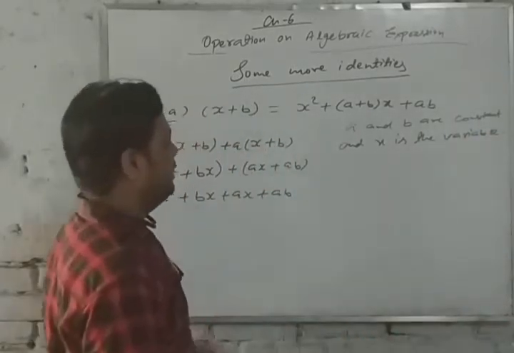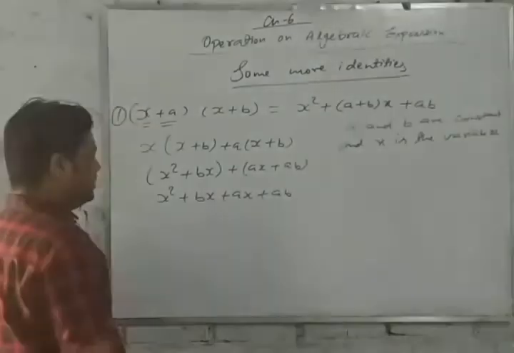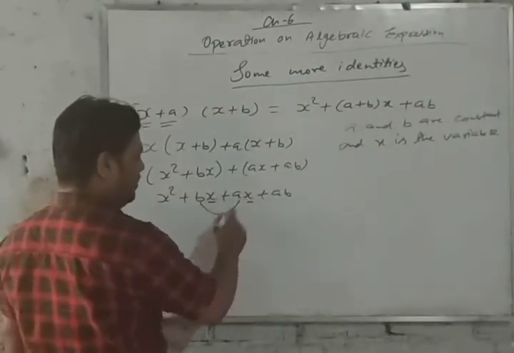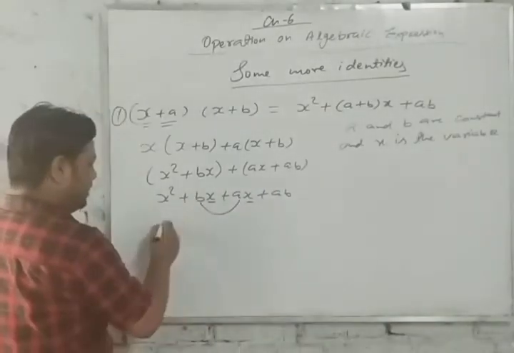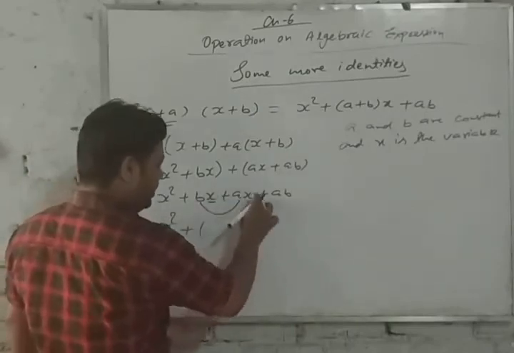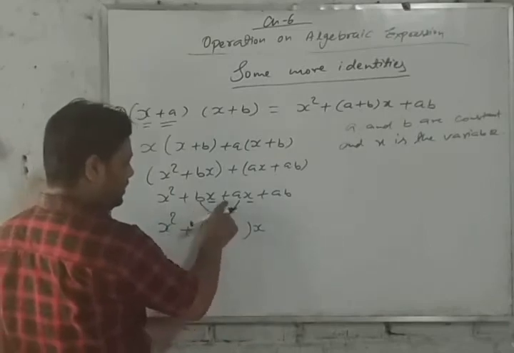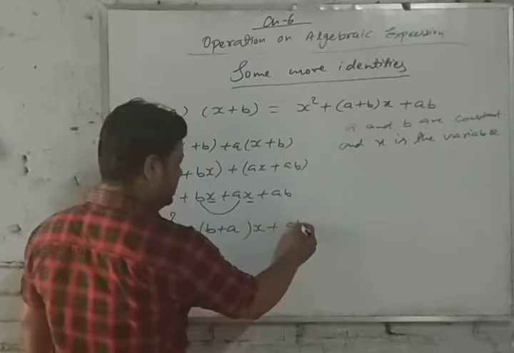So variable x is common, and we can write it like this: x square plus, if we take x common outside, then what is left here? b plus a, and here plus ab.